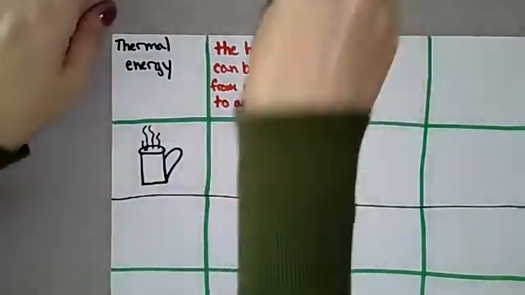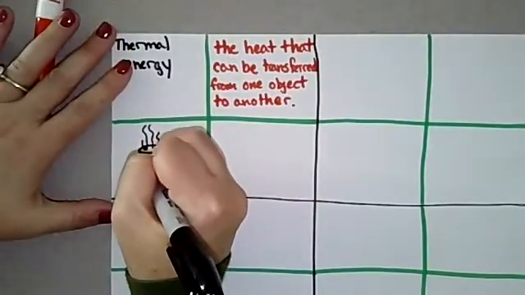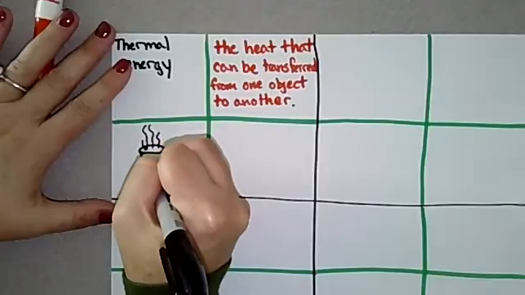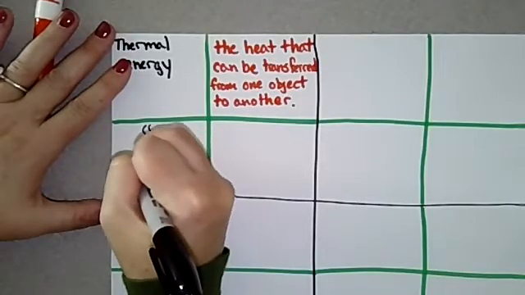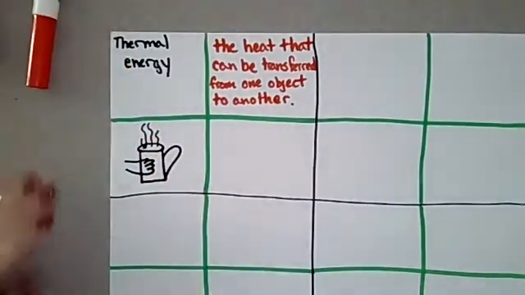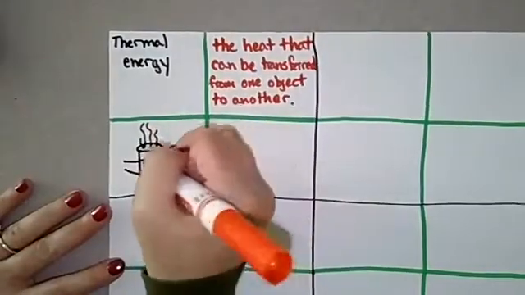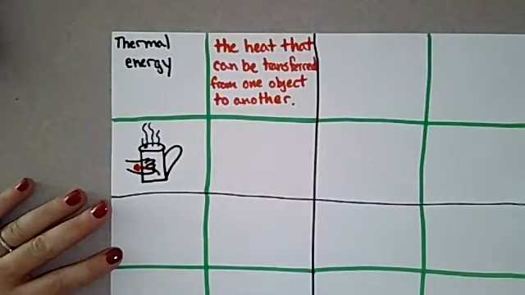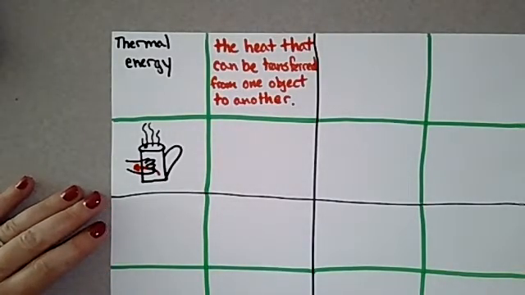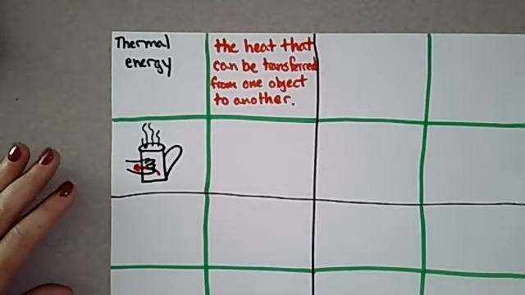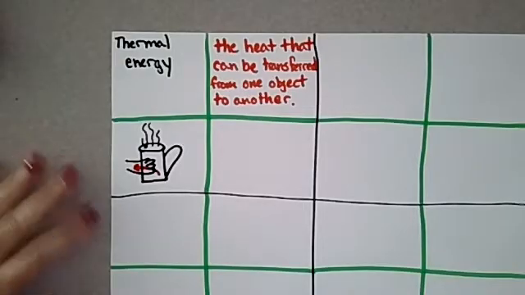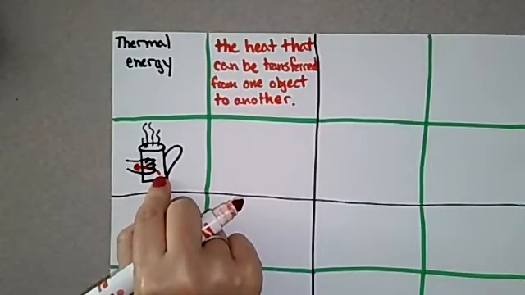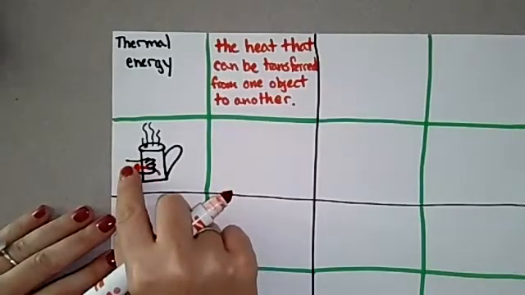And then Sydney wraps her little hand around it just like this, and she feels the warmth go from the cup into her fingers because heat moves from the hot thing to the cold thing. So the heat is transferring from this warm mug into her hand.